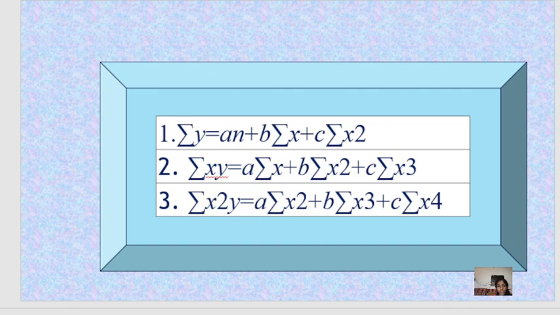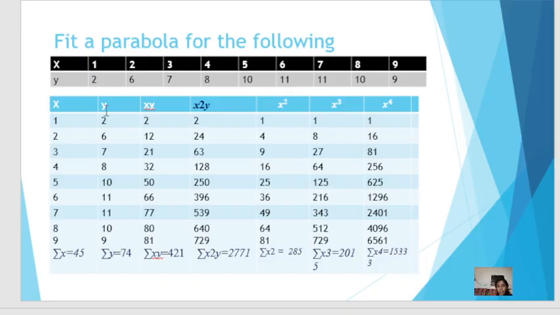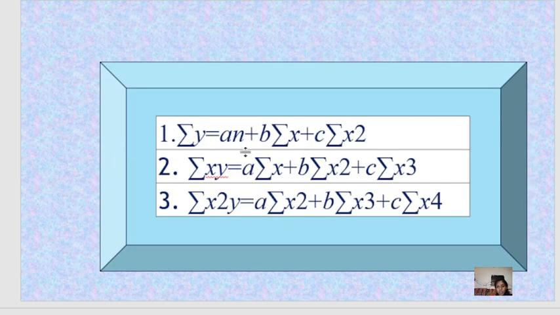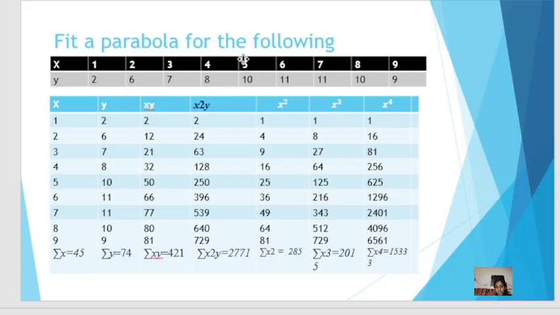So let's get into the problem. We are with a small problem over here. According to the formula, we need to find summation y, summation xy, summation x square y, then summation x square. All the things we found here: summation x, summation y, summation xy, summation x square y, then summation x square, x cube, and x power 4.